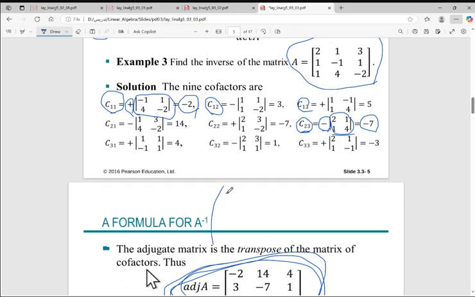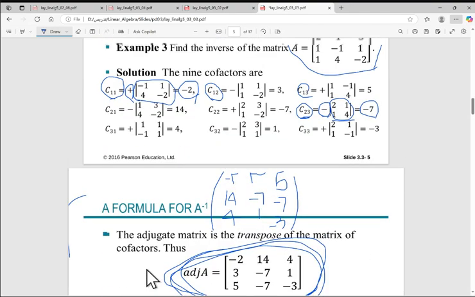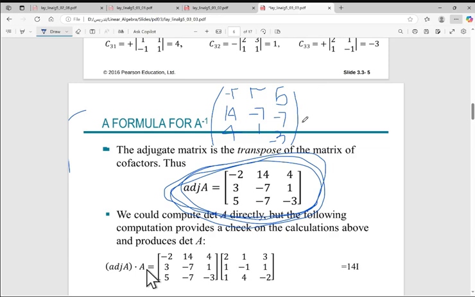Matrix C is -2, -2, 3, 5, 14, 7, -7, -7, 4, 1, -3, 1, -1, -3. Sorry, this is the cofactor matrix, matrix C. And then you take the transpose of this matrix and you get the adjugate matrix.